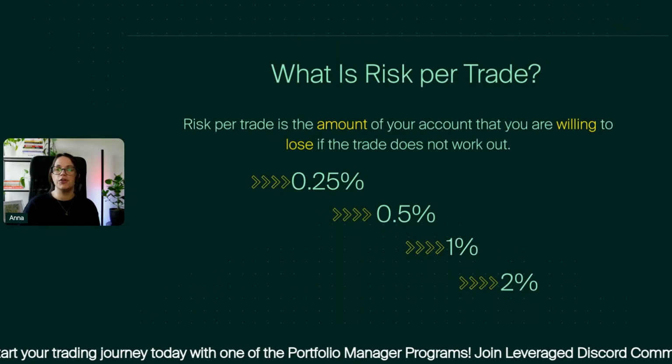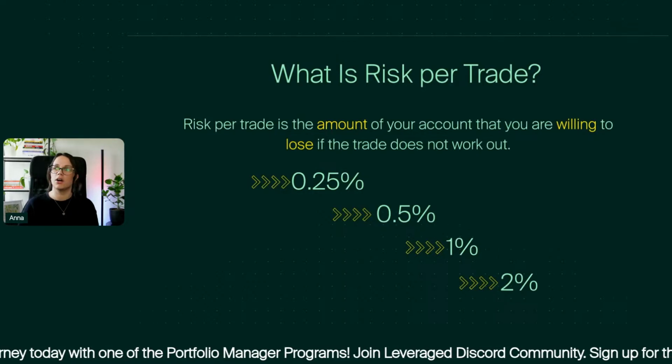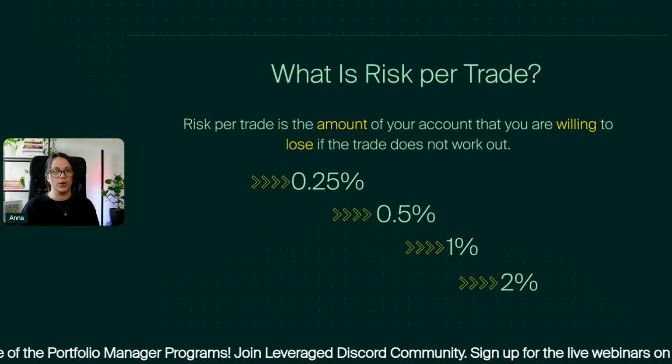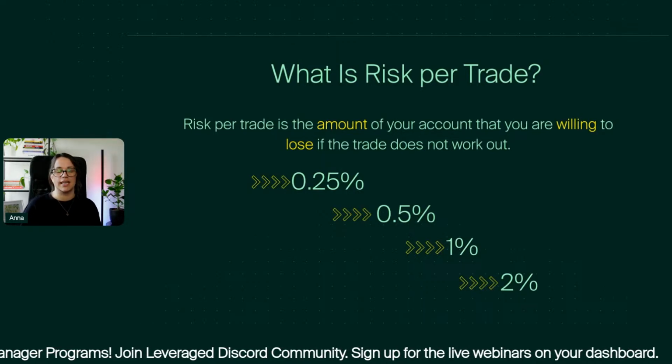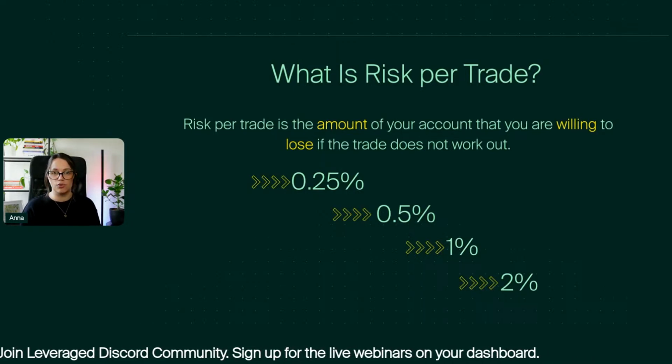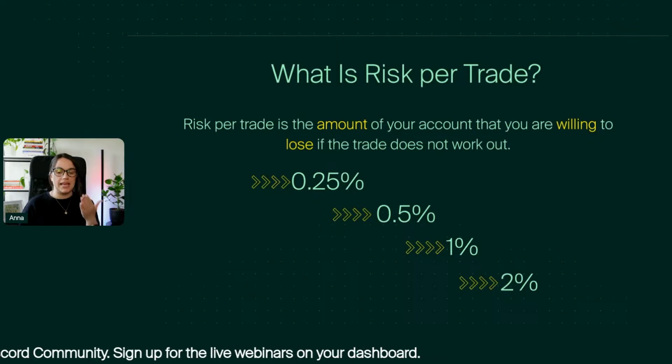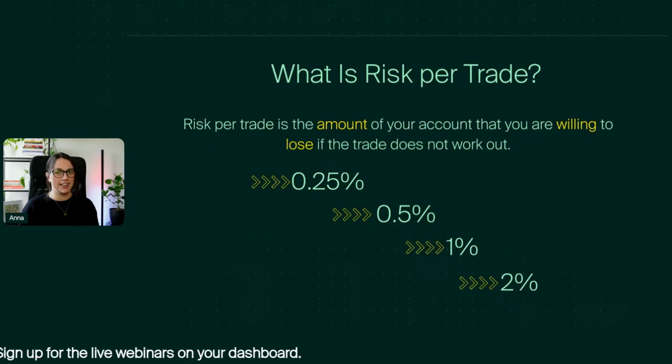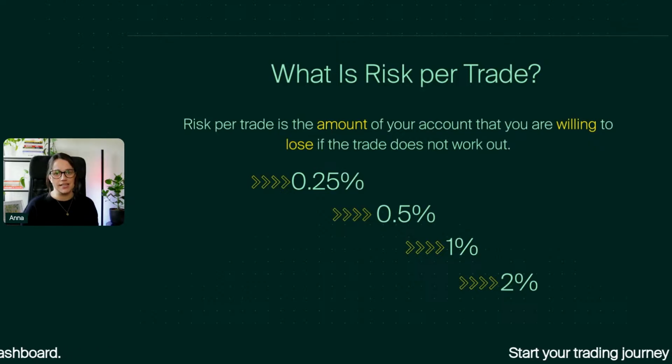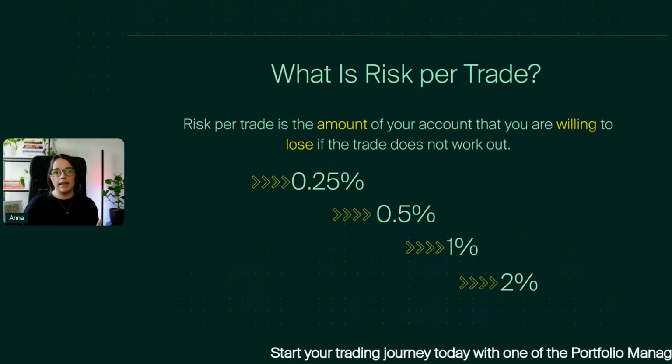So again, if you know that your losing streak is bigger, currently myself, I am going through a bigger losing streak. So I can have 6, 7 trades in a row that are losing, and it is definitely frustrating. So the right thing for me to do is to lower the risk, right? And it just makes sense. Instead of risking 1%, I'm going to risk 0.5% or less, right?